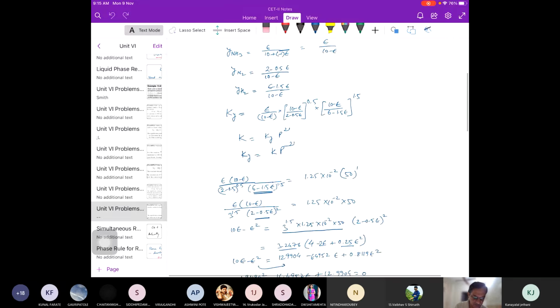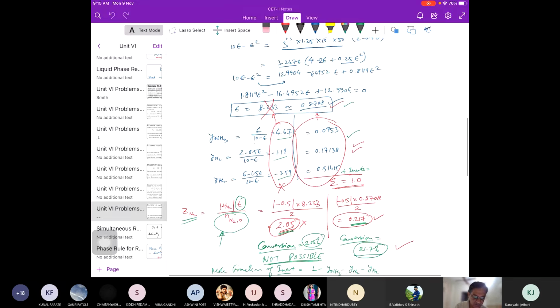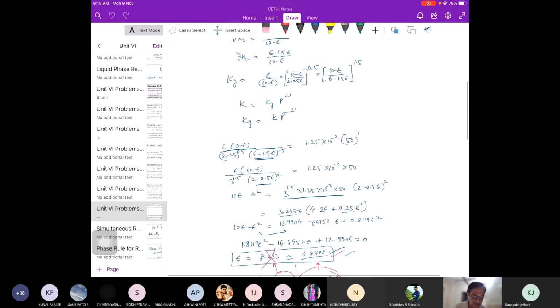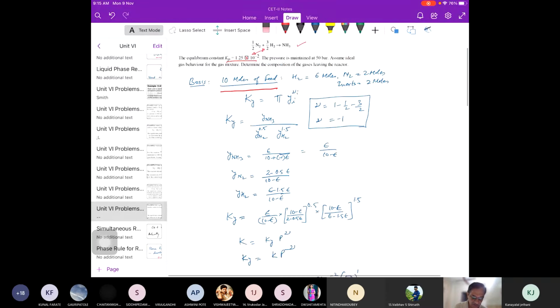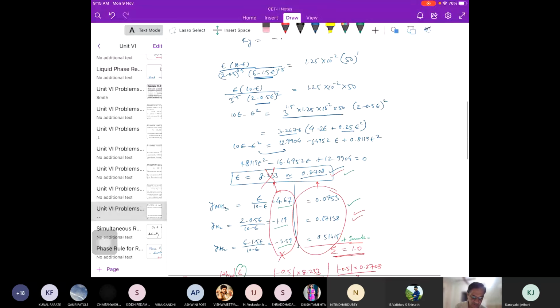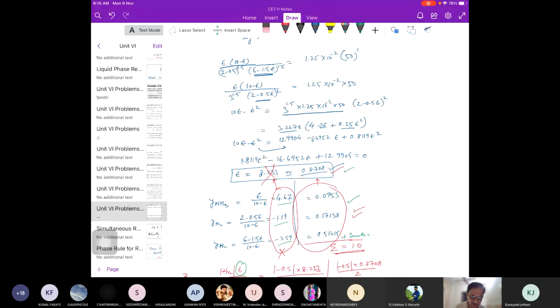हाँ, ये 9.22 है ना, right? This was the case we solved, in which I think Weber had selected basis as 1 mole. We had selected basis as 10 moles of feed, right? Right, Weber? यस सर. So आपका value epsilon का different आया था because feed was different.